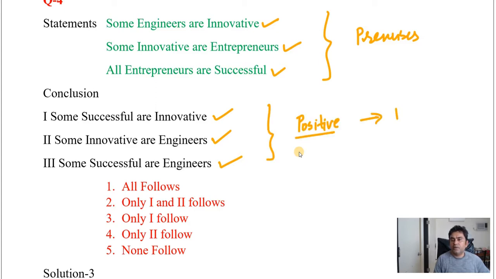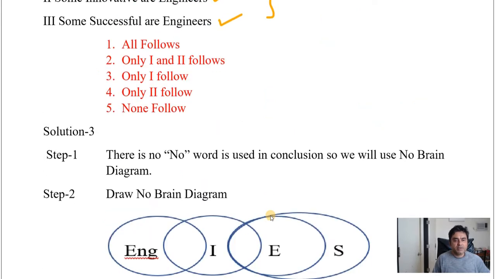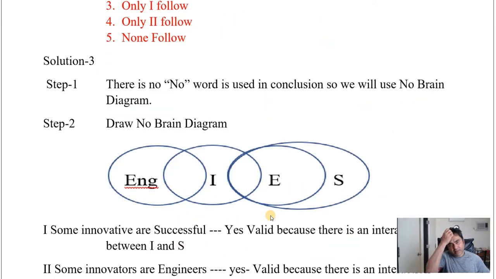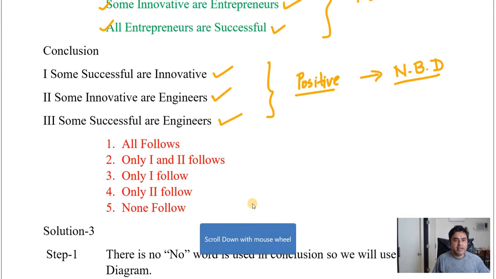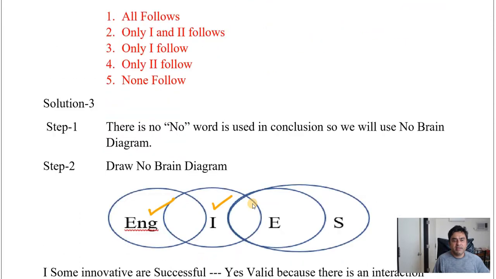No-brain diagram means you have to draw the diagram as per the given statement. Don't use your imagination. So here, if I draw the diagram, these are engineers, these are innovative, and these are successful.